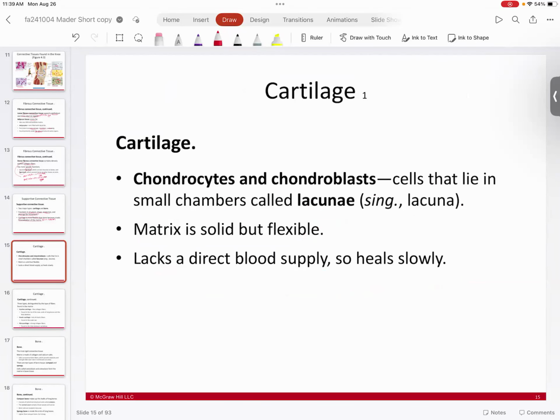So typically when you take a look at cartilage, they're going to be driven by the cartilage cells. So these are the cartilage cells. And you have a couple of different types. So you have what's called chondrocytes. Chondros referring to cartilage, cytes, cells. So these are cartilage cells. And so these guys will basically maintain cartilaginous matrix. And then you have the chondroblasts, which basically lay down new matrix.